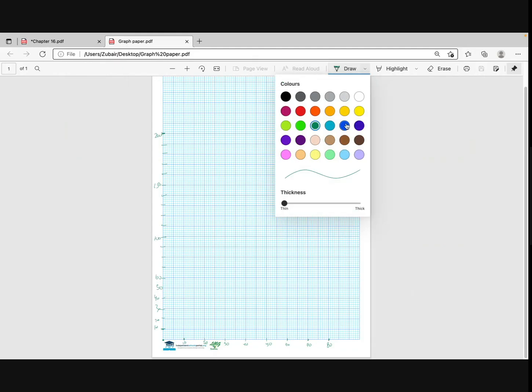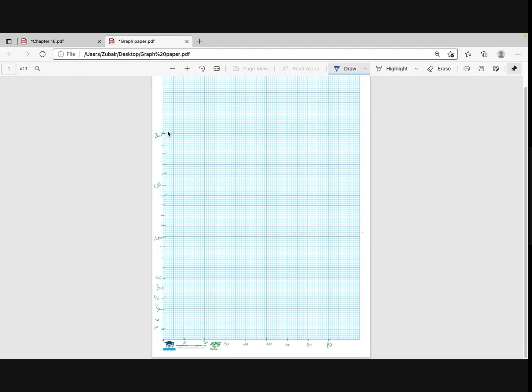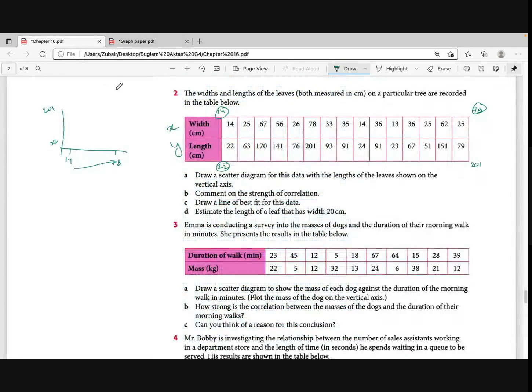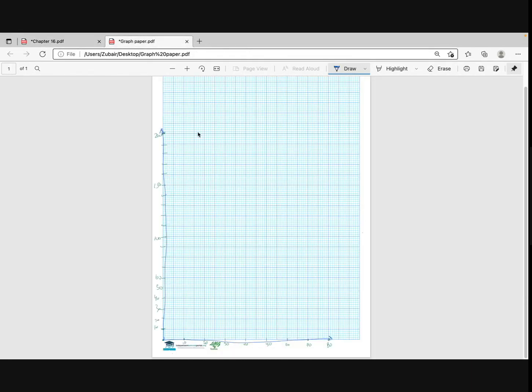In reality, this would be much neater than what I'm doing. We'll be using a scale and drawing straight lines on both axes. We are going to label the axes. The x-axis is width in centimeters and the y-axis is length in centimeters.